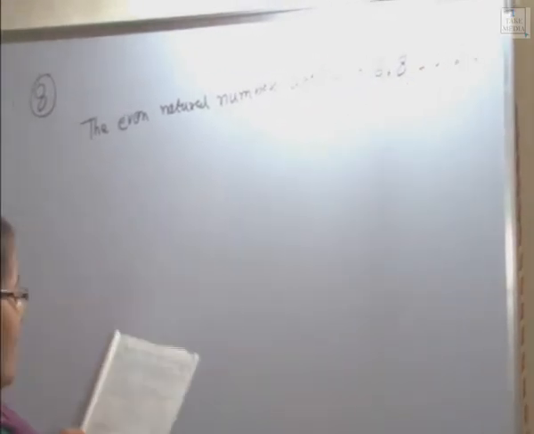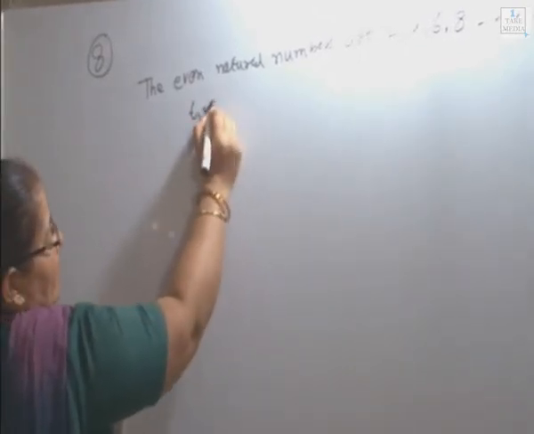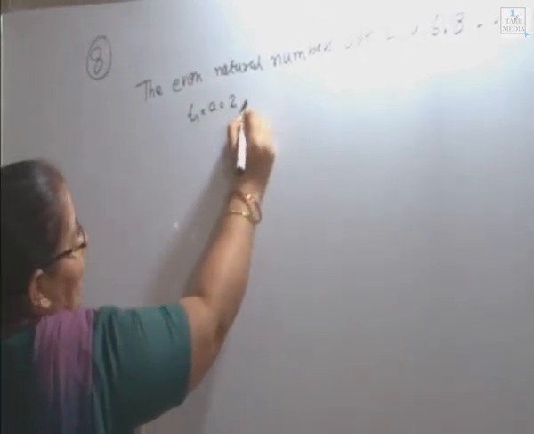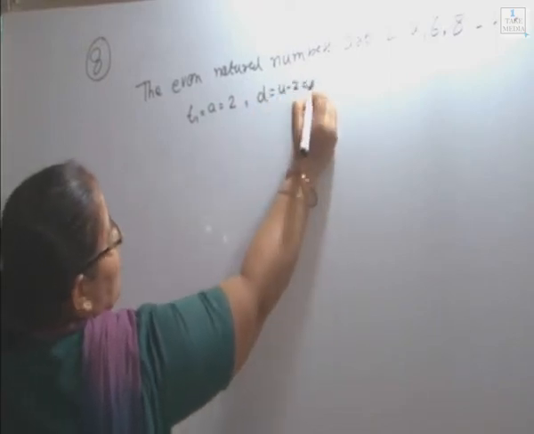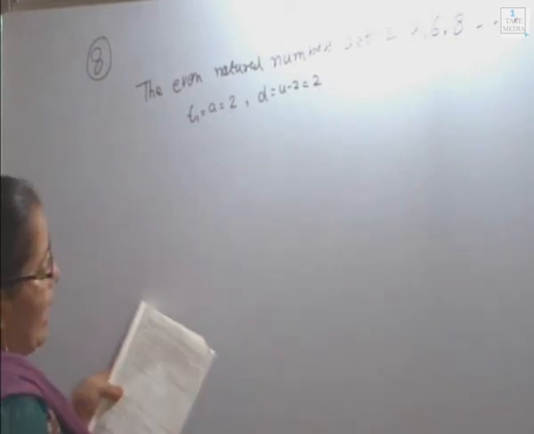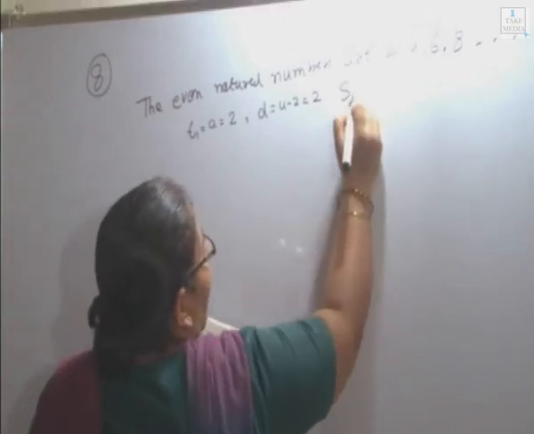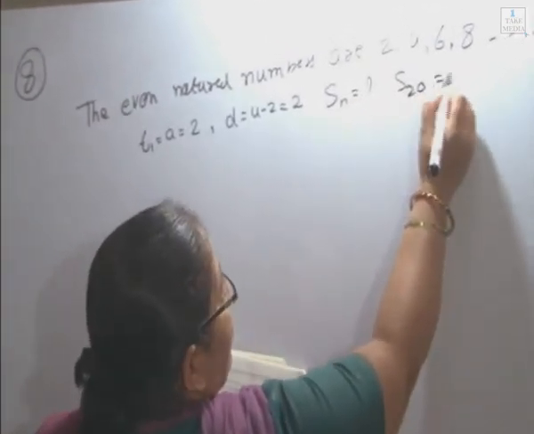Here T1, that is a, equal to 2 and the difference is 4 minus 2 equal to 2. The difference of the even numbers is 2 only. And then we have to find Sn and S20.